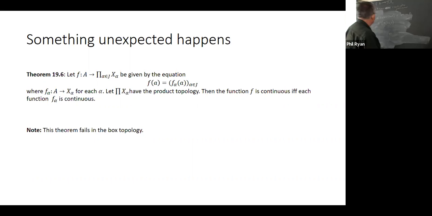Right. So let's have a look at this then. What can we do with this? Well, we can write that as f beta inverse of U beta.